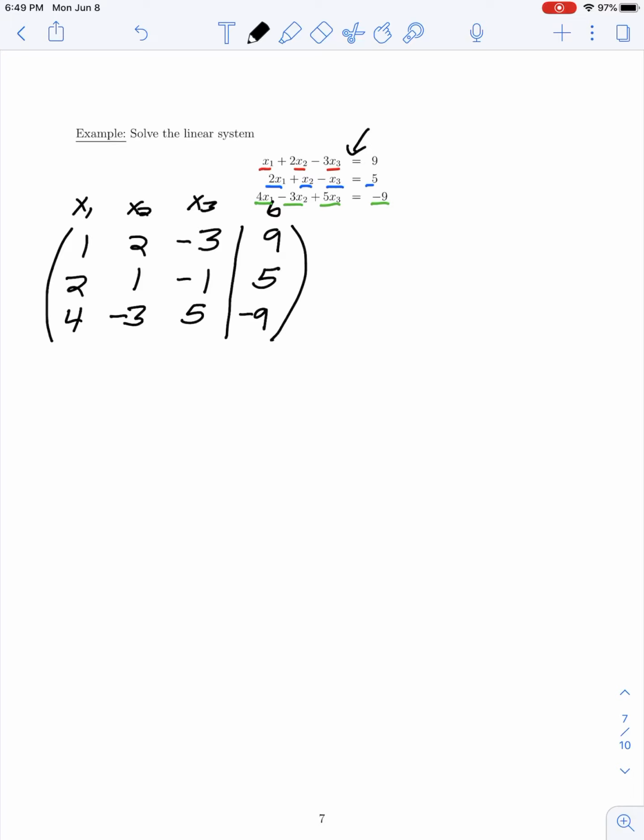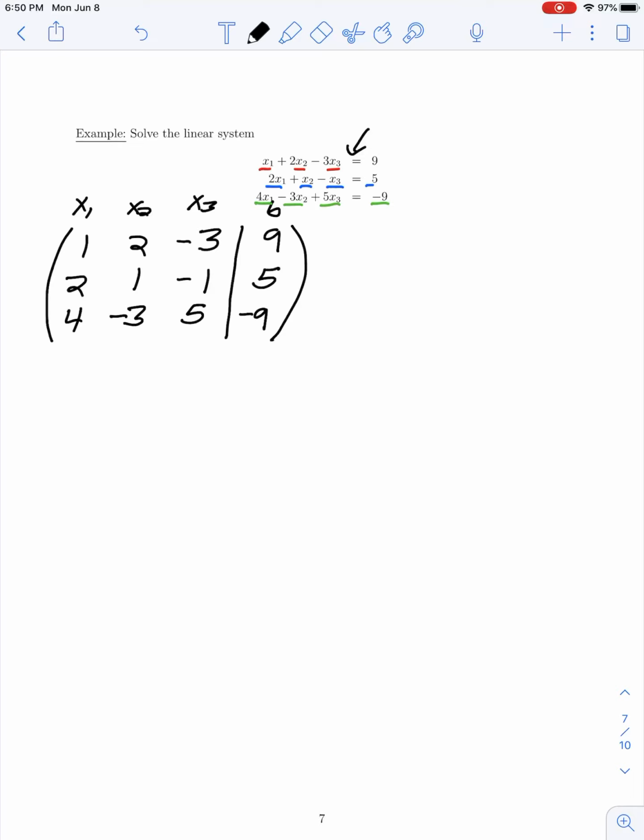So our goal is to perform Gaussian elimination on the rows of this matrix in order to have a simpler matrix for an equivalent system. The procedure that we're going to use to simplify here is similar to what we had seen in our earlier examples from the first part of our lecture.